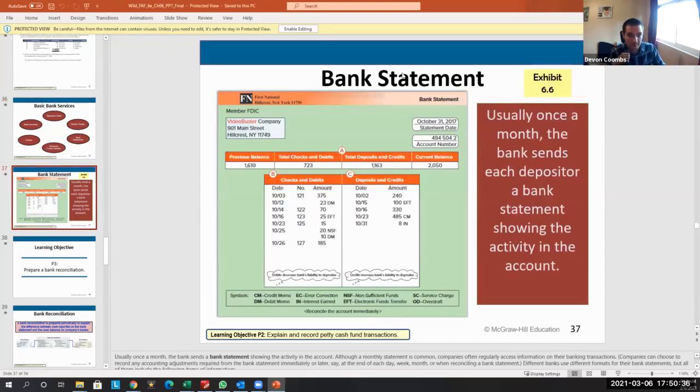So here's where we're going to be spending a lot of our time: bank statements and bank statement reconciliations. This can get interesting and complex because from a reporting standpoint, we have to account for transactions within a period, right? Generally a year, 3 months, or a month.